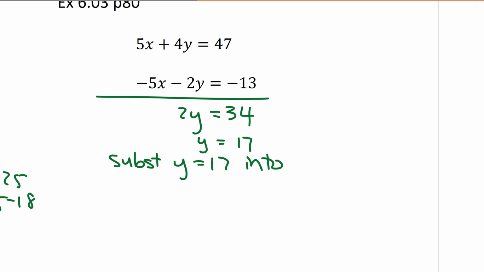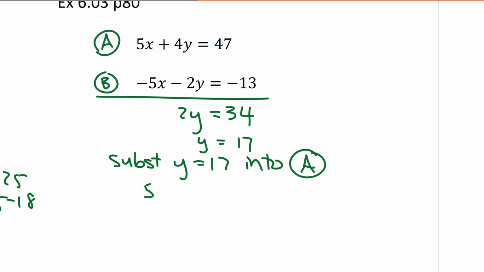Why the top one? Because it's got positive x's, yeah? So if I label this equation A and equation B, and at level 3, all the students that I teach, I make sure they label equations A and B. Okay, we substitute into A.